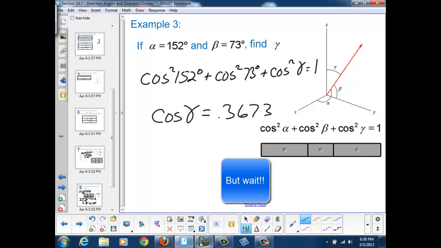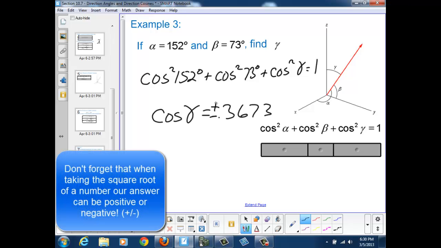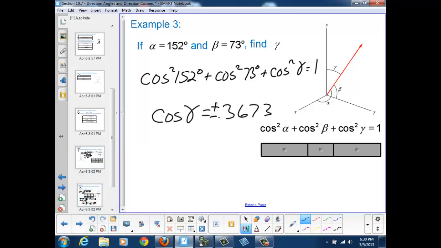But actually, remember that we arrived at that value by taking the square root, which means that we could have a positive or negative value of 0.3673 for the cosine of gamma, which means we could have two possible answers for gamma. So gamma will either be the inverse cosine of positive 0.3673 or the inverse cosine of negative 0.3673.